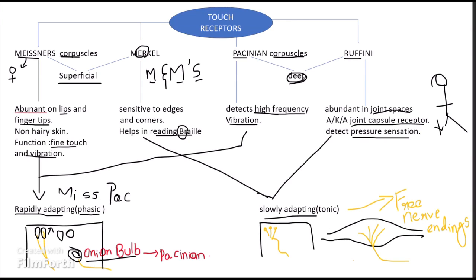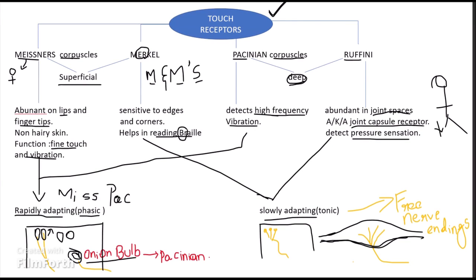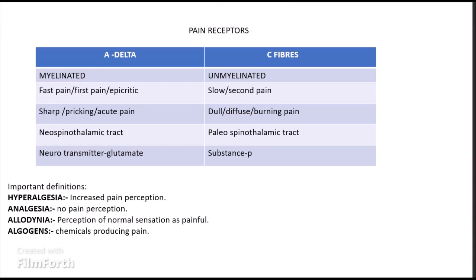Then Merkel's and Ruffini's are slow adapting or tonic. An image will be given like this with free nerve endings. If a free nerve ending supplies the skin, it is Merkel's. If he shows some tendon like thing, that is Ruffini's. Okay. This slide is very, very important. Many PYQs are there in this. I have condensed it into a flow chart and told it will be easier for your revision also.